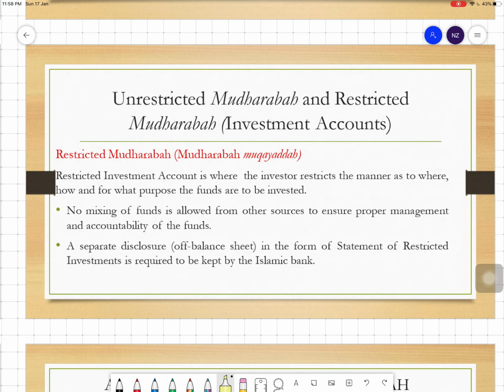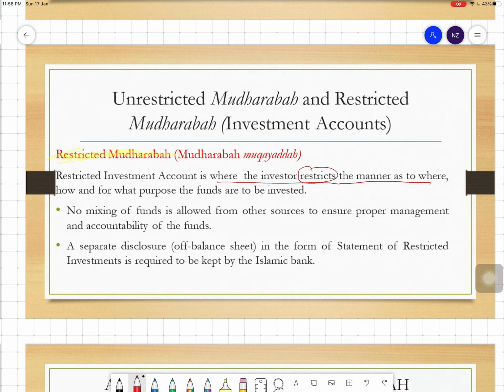Kita move to restricted mudharabah pula. Okay, restricted mudharabah ni is like dia punya kontra je lah kan. Kalau unrestricted tu tiada batas, restricted tu ada batas lah kan. And dia cakap where the investor restricts the manner as to where, how and for what purpose the funds are to be invested.